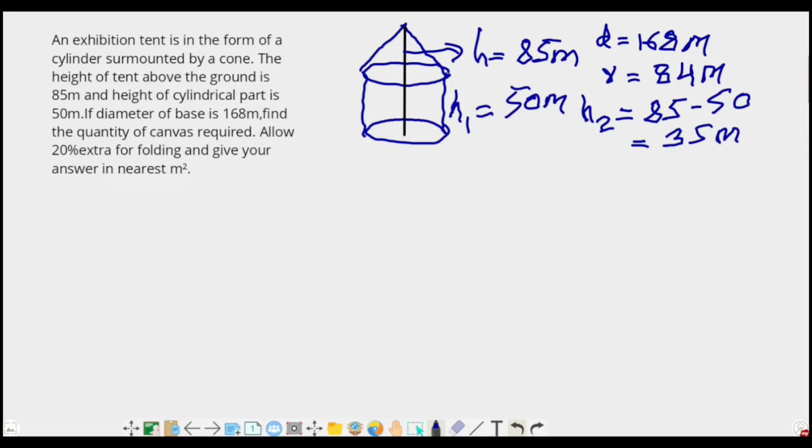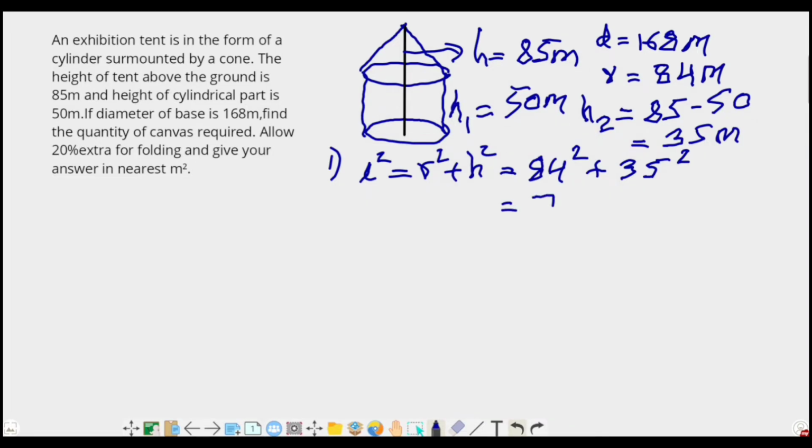Now what is further asked? Find the quantity of canvas required. Allow 20% extra for the folding and give your answer to the nearest square meter. So first let's find the L. L square is R square plus H square. Your R is 84 and H is 35. 84 into 84, just see how much it is: 7056. 35 into 35 is 1225.